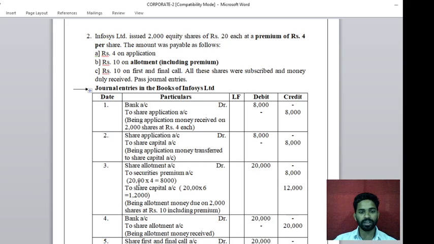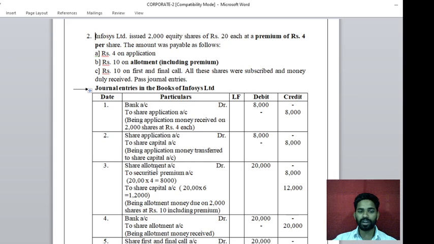Now see here, 2000 into 4 is equal to 8000. So take it, securities premium account credit 8000, and share capital account credit 2000 into 6 is equal to 12,000. Like this we have to pass the journal entries related to the issue of shares at a premium.